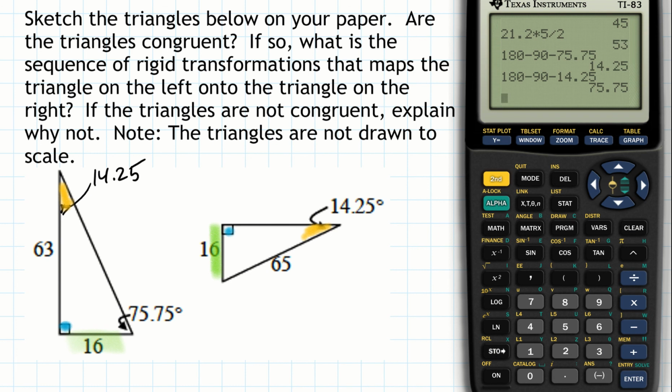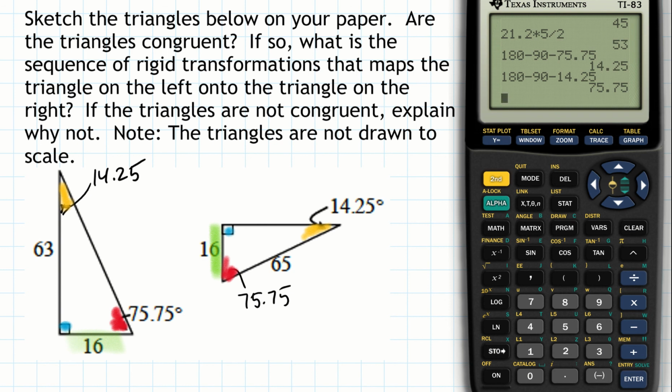Let me get the black pen. That means this is 75.75. So if we look closely, this angle right here matches this angle. So for these two polygons, they certainly have the property that all the angles match up and are congruent.